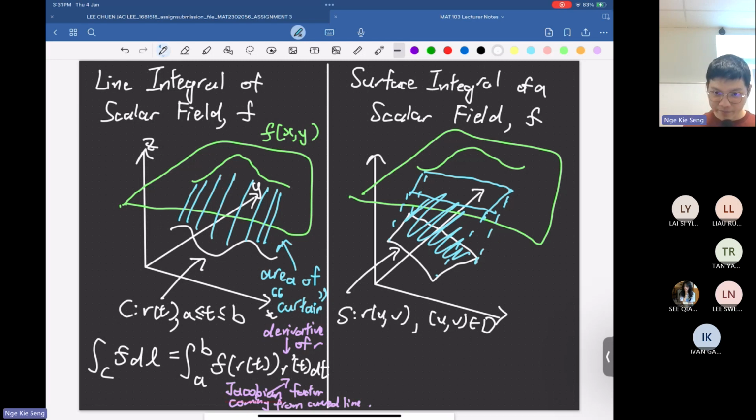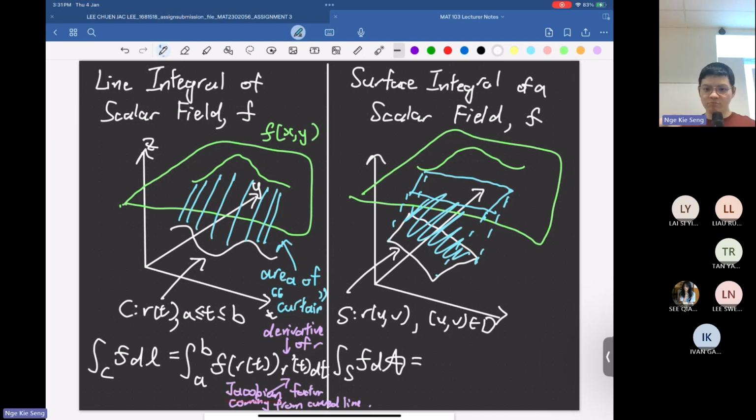So here, what do we have? We have the integral of f dA, the area. But this is a curved surface. We still don't know how to integrate, because in a double integral, how do we integrate? We use Fubini's theorem, on a rectangle in the xy plane.